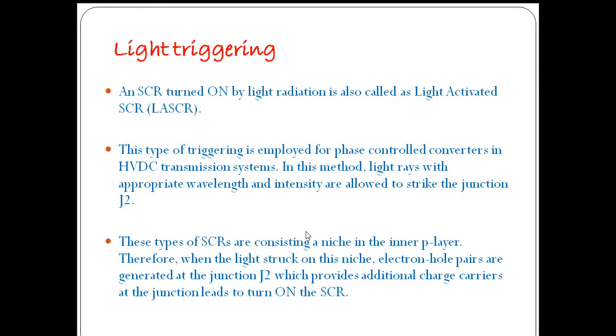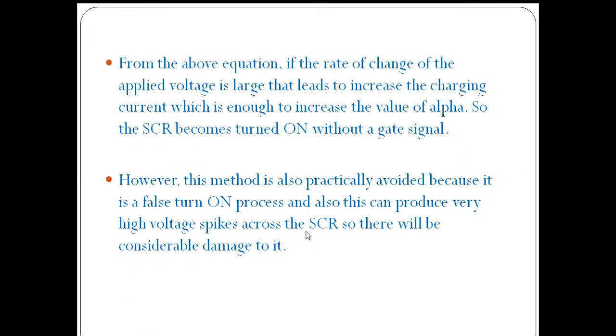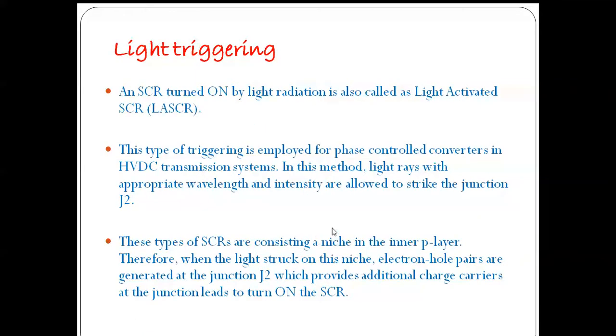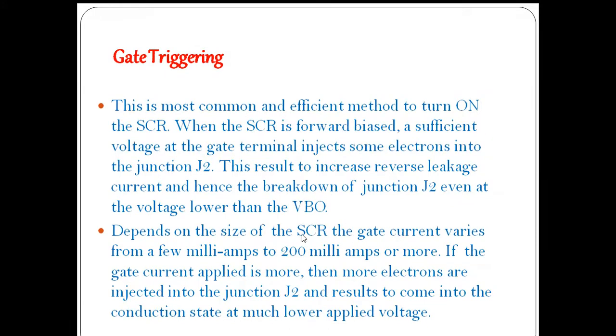Depending on size of SCR, generally the gate current will be in the order of milliamperes to few milliamperes to 200 milliamperes. If the gate current applied is more, then more electrons will be injected into junction J2 and results to come into conduction state much earlier.